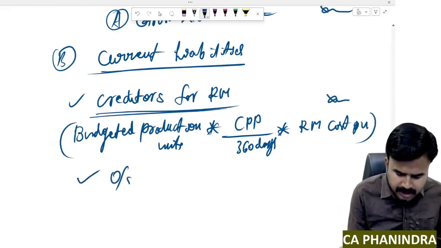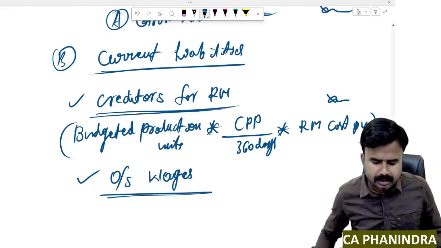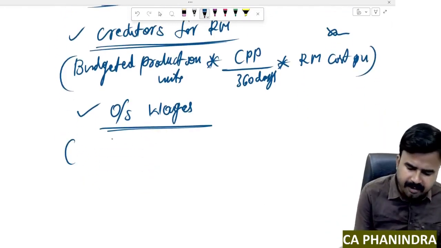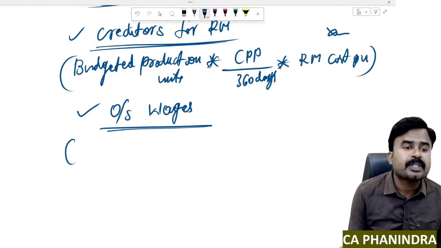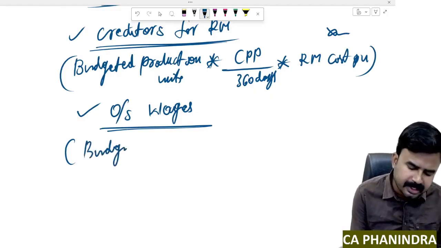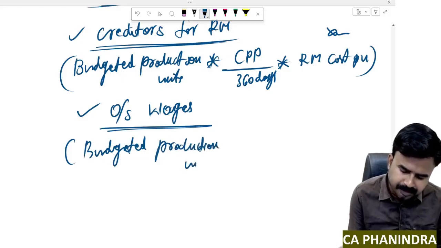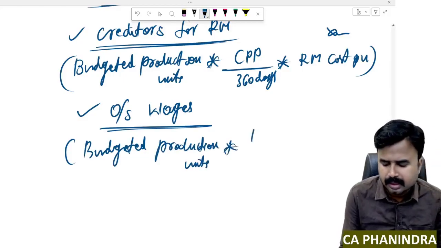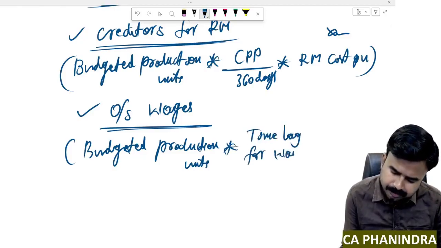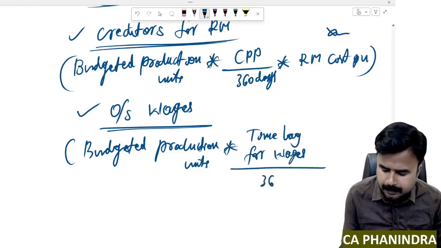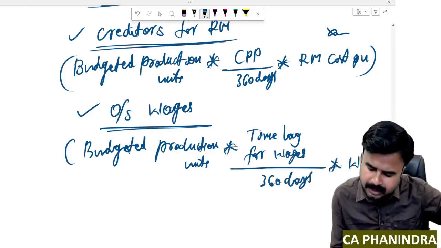The next one is outstanding wages or accrued wages. This can be calculated by using the same formula, but instead of taking CPP, I'm going to take time lag for wages. So the formula is budgeted production units into time lag for wages divided by 360 days into wages cost per unit.